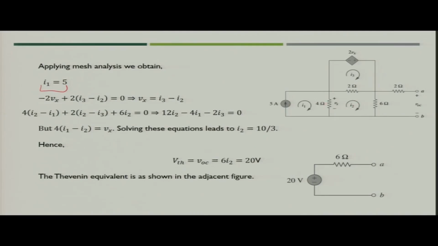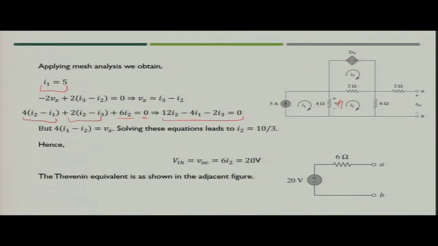So you will get 4 times I2 minus I1 plus 2 times I2 minus I3 plus 6 times I2 equal to 0. So the simplified version of this equation would be 12 I2 minus 4 I1 minus 2 I3 is equal to 0. Now let us talk about the mesh number 3.